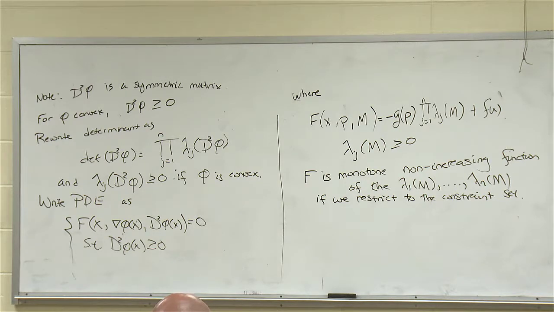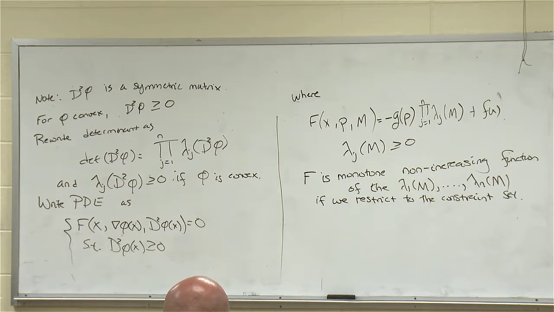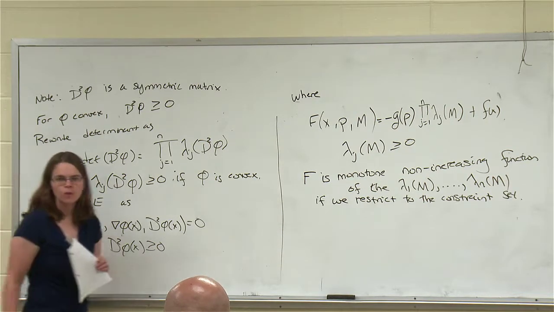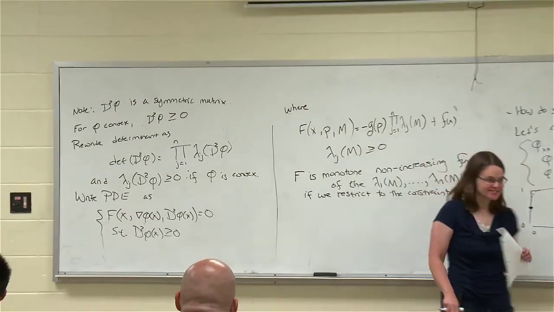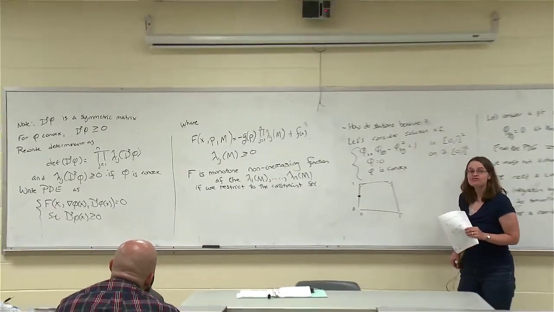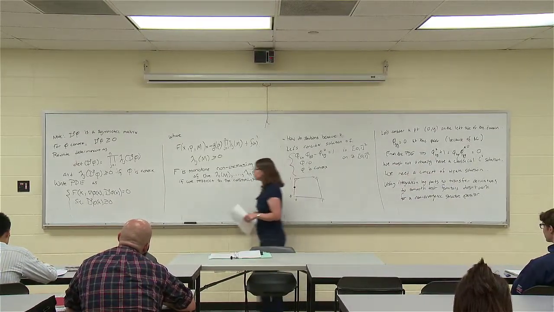What other PDEs do you know that have a kind of monotone dependence on the eigenvalues of your Hessian matrix? We've said the name of this PDE already today. It's Laplace's equation. You're not used to seeing it written in terms of the eigenvalues of the Hessian, but we can do that.